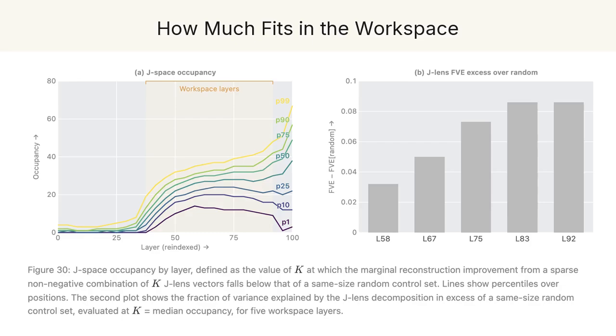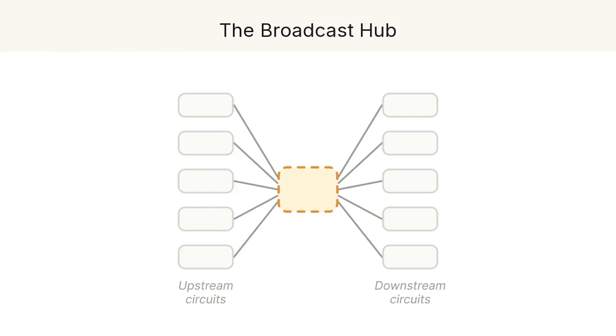That's a real bottleneck, a limited capacity blackboard, not an unlimited store. And when they check how much of the activation's variance the J-space actually explains beyond chance, it's a small but clearly non-random slice, concentrated in exactly those workspace layers, small, selective, and structured, just as the theory predicts.